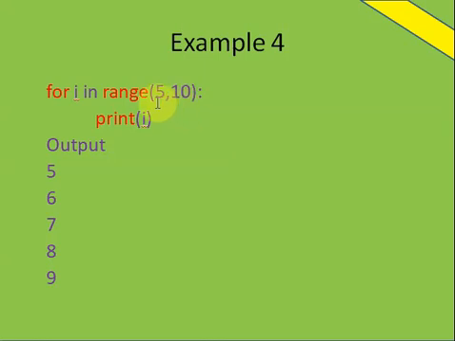So it will start printing i, meaning it starts with printing 5, again 6, 7, 8 and 9. It will not print the stop value, that is 10. It will print only 5 to 9. So keep this in mind that this is the limit up to which the numbers will be printed.